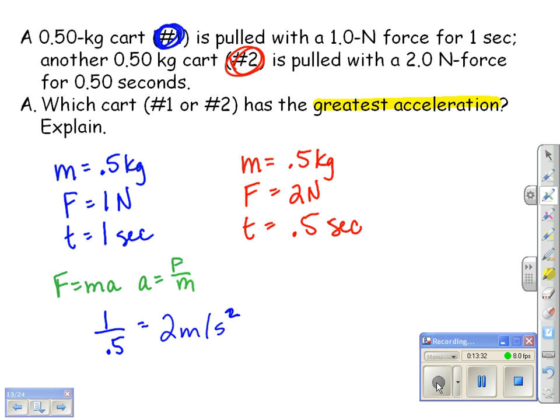Then we do it for our red one as well: force of 2 newtons divided by 0.5 is 4 meters per second squared. So the answer is cart number 2, because it has more force.